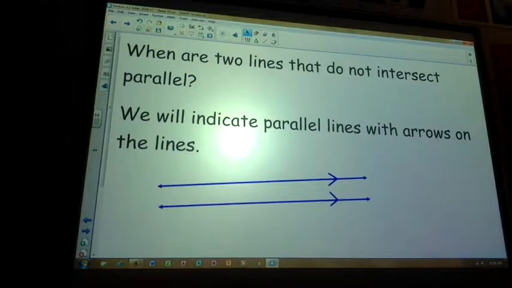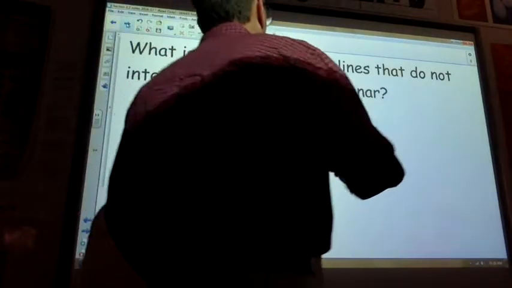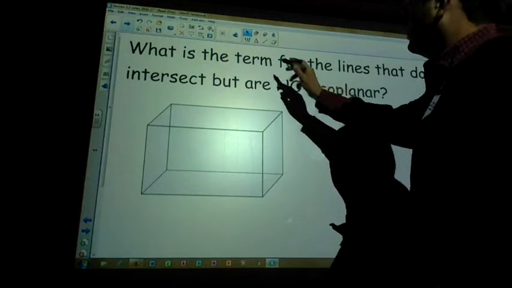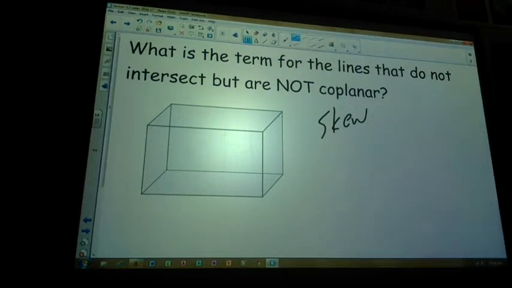That's all I have there. So what is the term that we use when they are not coplanar? They're called skew lines. I know that's already written in for you. So a skew line is basically if I drew a line on this wall and I drew a line on that wall, these walls are parallel to each other. The lines aren't necessarily parallel to each other, and they also won't intersect.